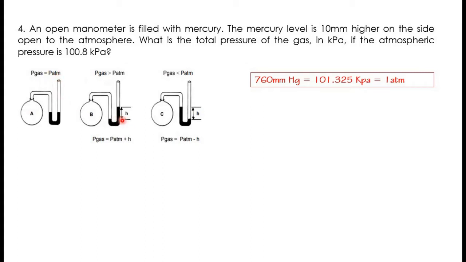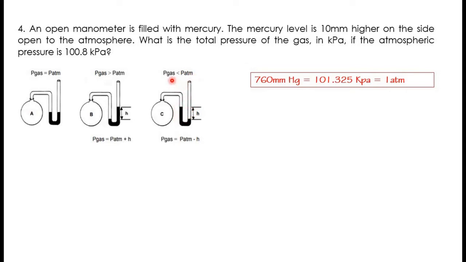Next is if the liquid on the side of the atmospheric area is greater than the fluid on the side of the closed area, this means that the pressure of the gas is greater than the atmospheric pressure. And then next is kapag ang fluid naman on the side of the closed area is higher than that of the side being exposed to atmosphere.